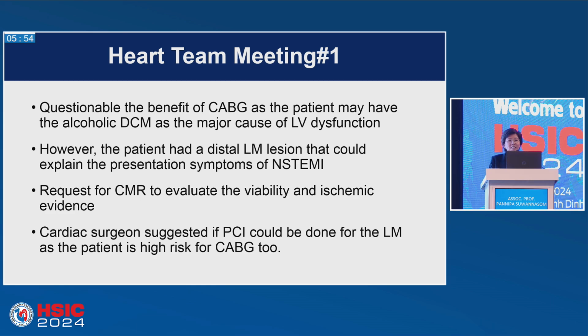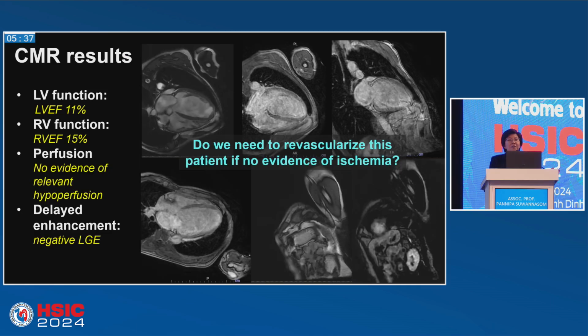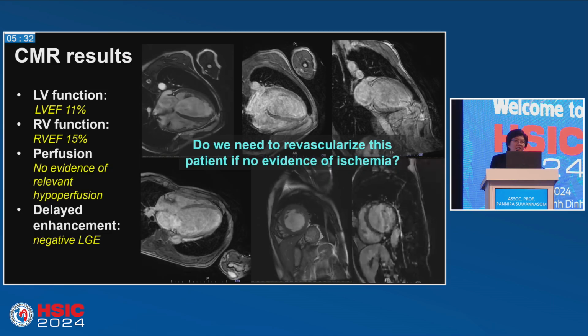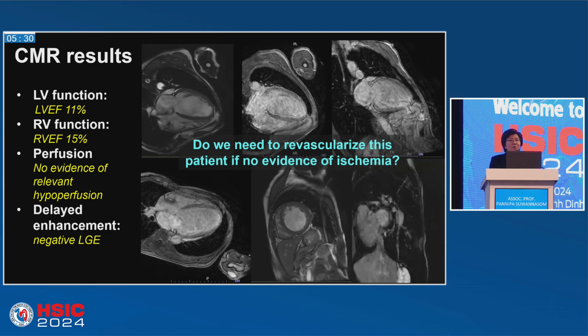Okay, so the surgeon said, shall we do it like this? We do the MRI and then we'll see again. And they said that if there's only a small area of ischemia, we can do medication, or you just do the PCI with the stent across, fine. Okay, we send the patient for the CMR. As you can see, the LV function is poor, RV is poor.